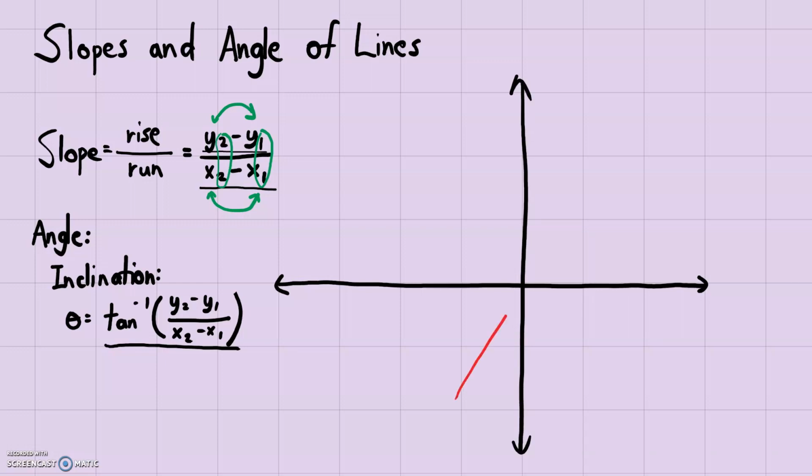So let's have one line like that, another line like this. They intersect right here. And we want to find this angle right here. What would that angle equal?